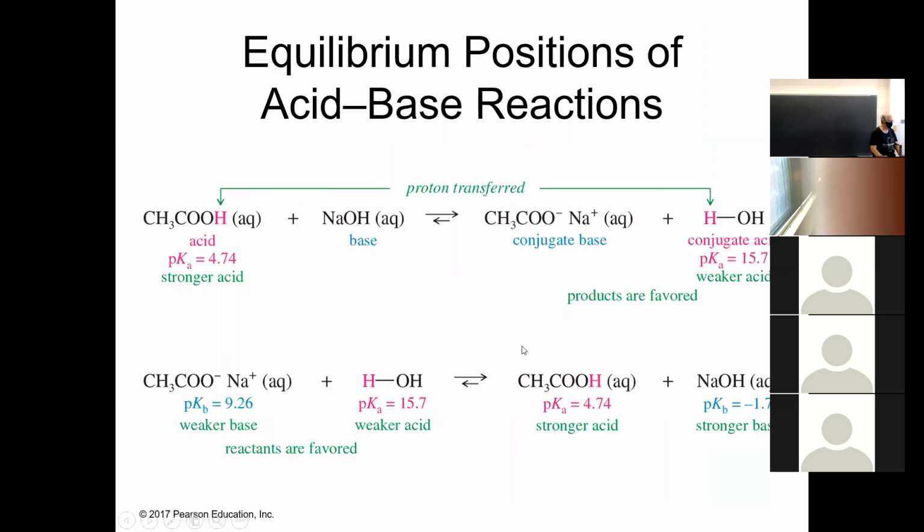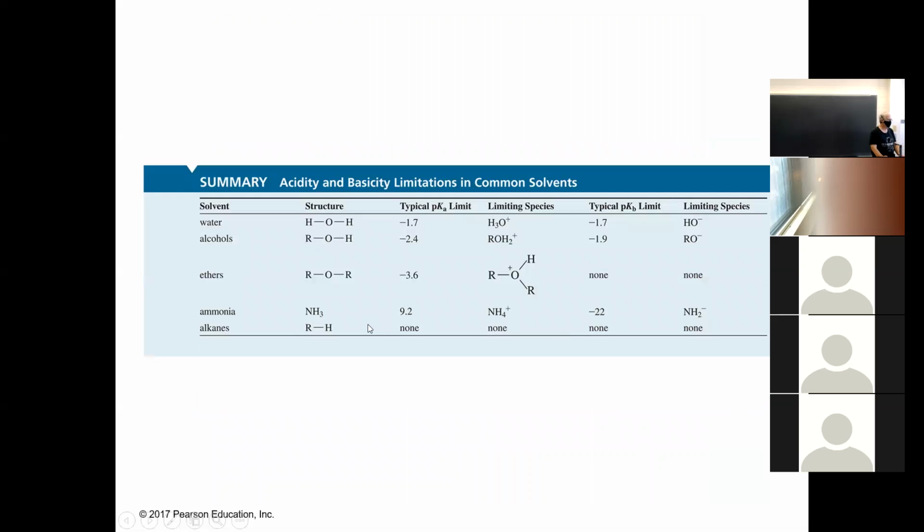In general, the strongest acid that can exist in any given solvent is the conjugate acid of that solvent. So for alcohols, it's ROH2 plus. Alcohols will vary in their pKa's or pKb's, so this is kind of an average value, negative 1.9.